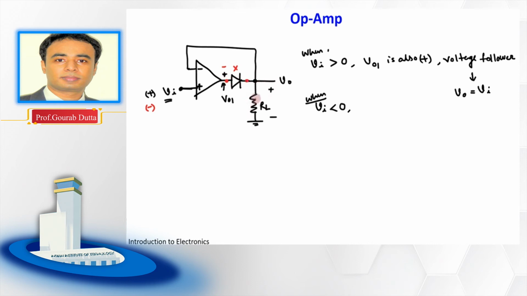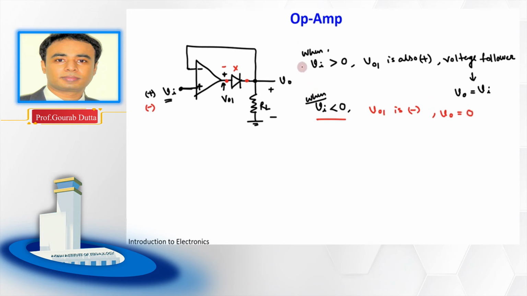Then the voltage across RL would become 0. In this situation, V naught 1 is negative. One negative current tries to flow through this diode, which is not possible because the negative diode current is almost negligible. So this output voltage is equal to 0.